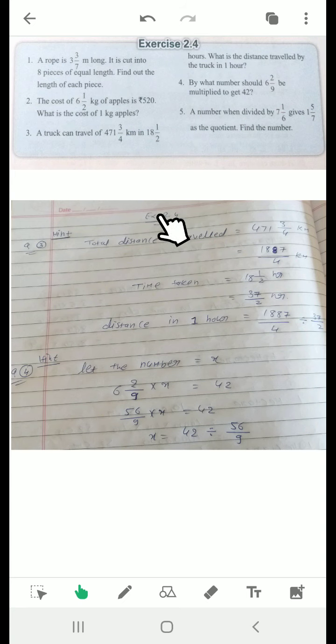The fourth question: by what number should 62/9 be multiplied to get 42? 62/9 is multiplied by a number. I don't know what the number is. No problem, let the number be x. So 62/9 multiplied by a number x, so that the answer is 42.